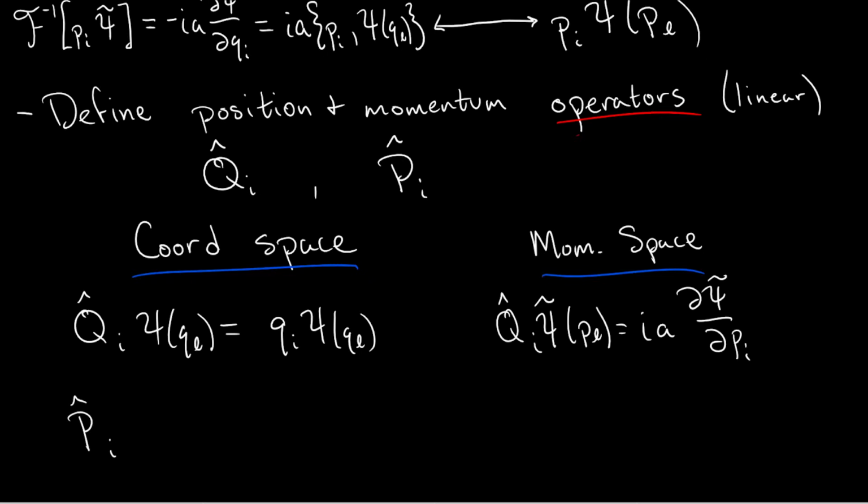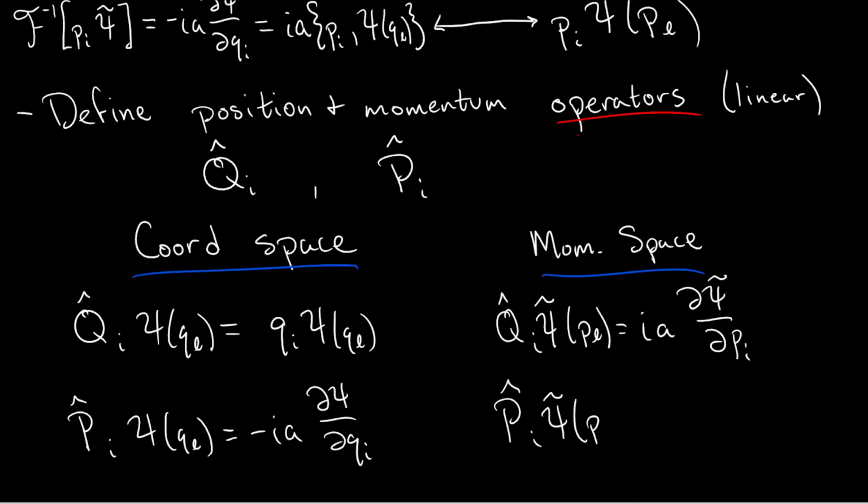And I can do the same thing with the p's: P hat i psi of q is minus i A d psi dq i, and P hat i psi tilde of p is equal to just p i psi tilde. So I've just defined these things to act in this way. This is just how they behave. It condenses notation.